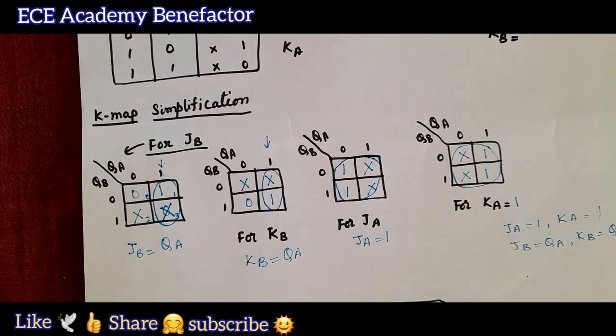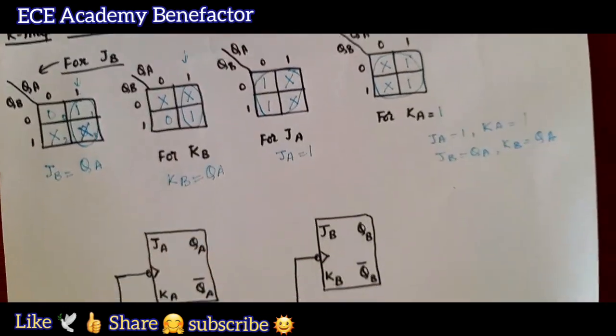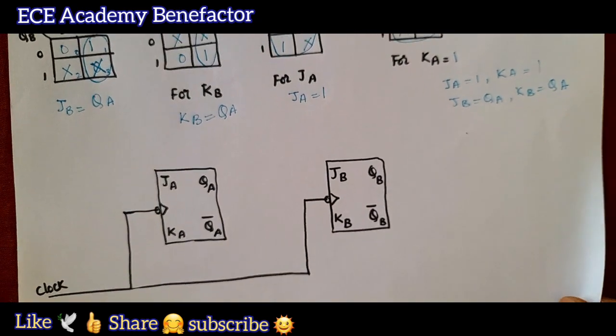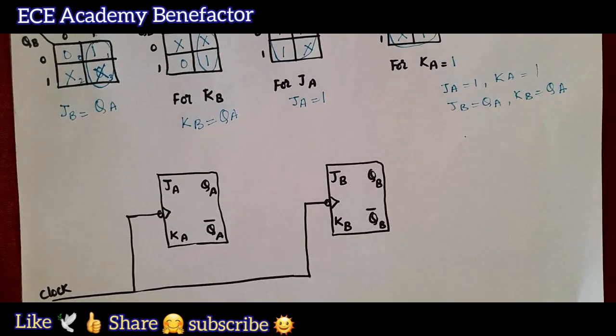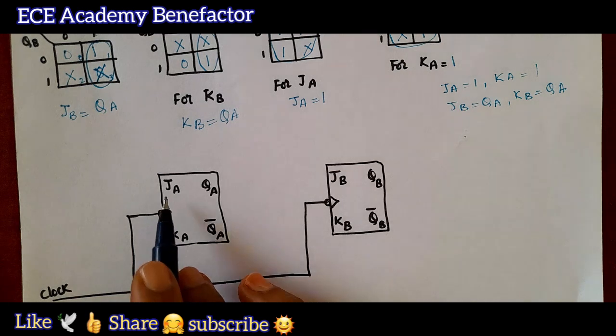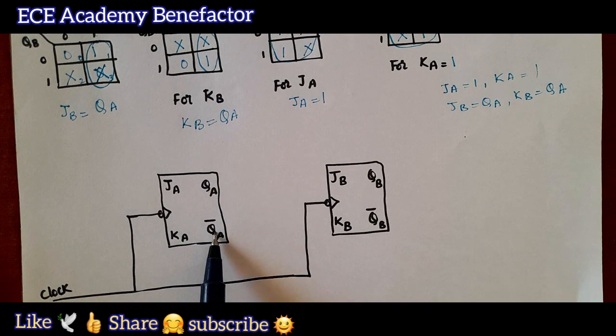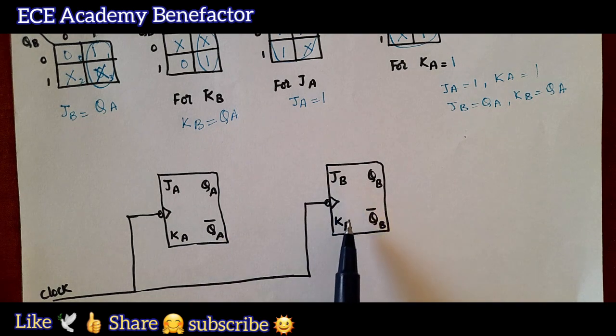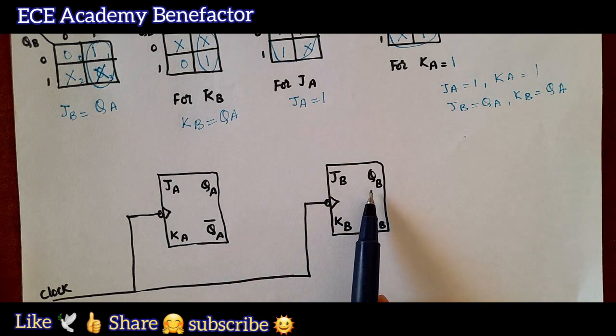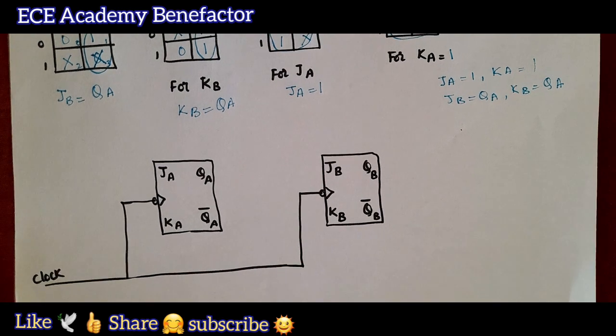Okay, let us now use these equations for drawing the logic diagram. So we require two flip-flops. JA, KA, their outputs are QA, QA bar. Another flip-flop inputs are JB, KB with their outputs QB, QB bar. The same clock is given to tell that it is a synchronous counter.